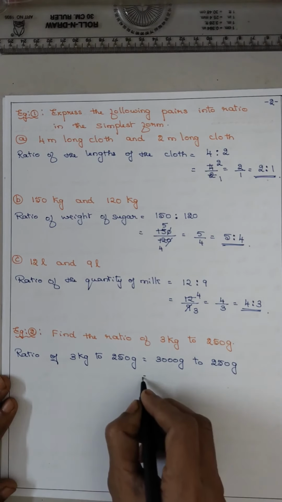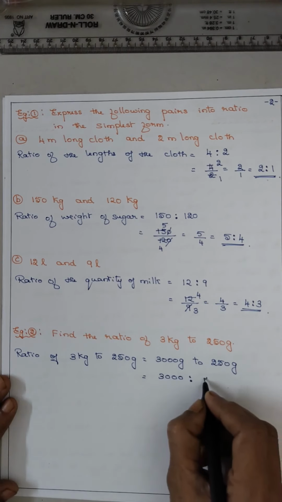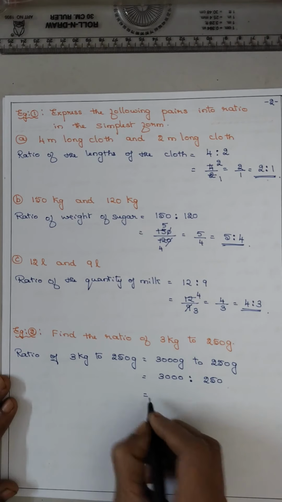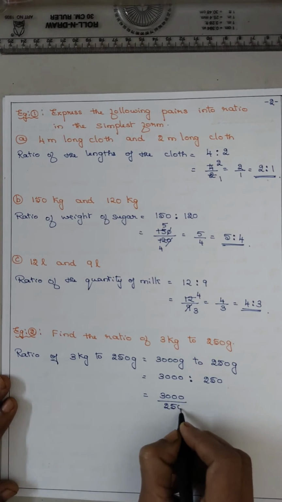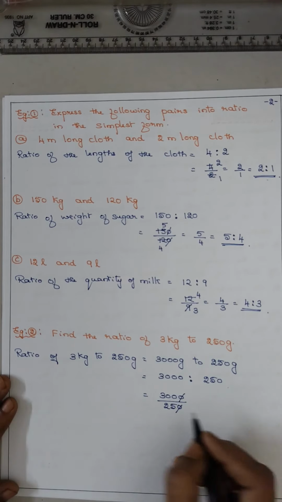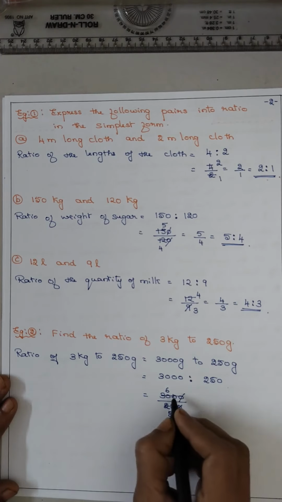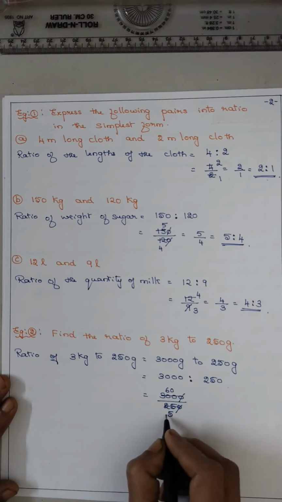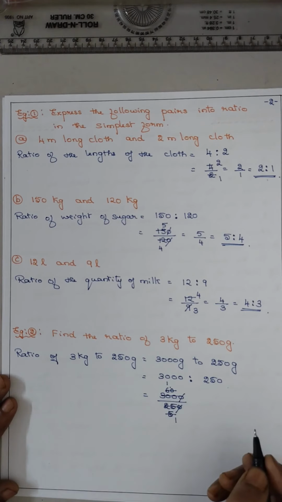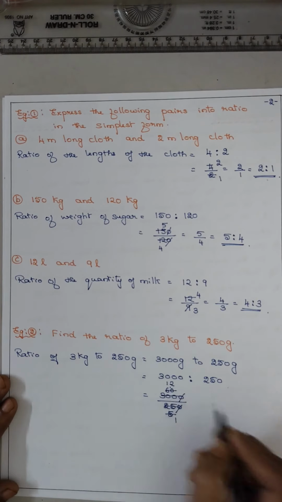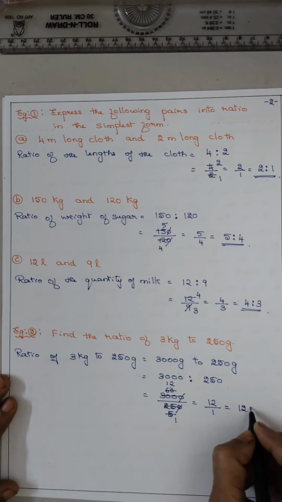Write like this first, now in the ratio form it is 3000 is to 250. Write in the fractional form 3000 upon 250, 0 0 cut, 5 5s are 25, 5 6s are 30 and this 0, now 5 1s are 5, 1 remains, 1 and 0 10, 5 2s are 10, you got 12 by 1, so the ratio is 12 is to 1.